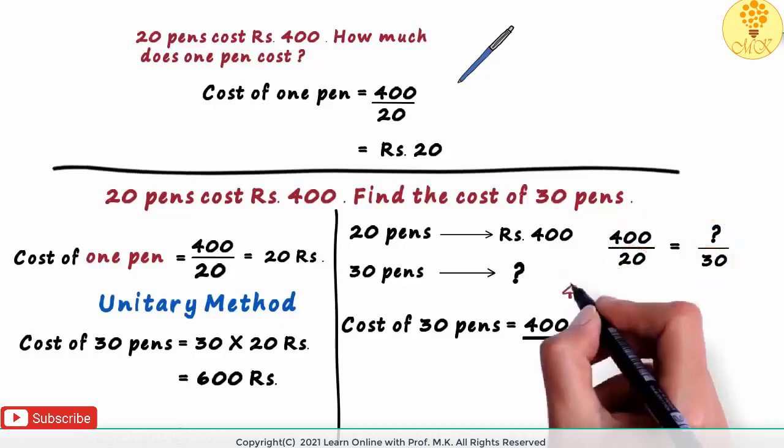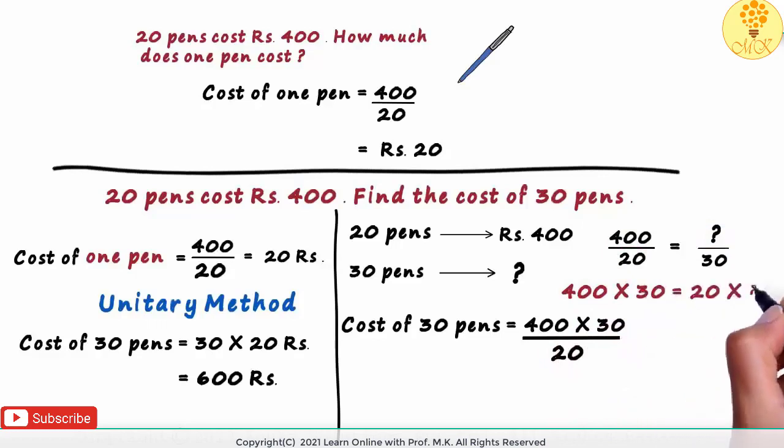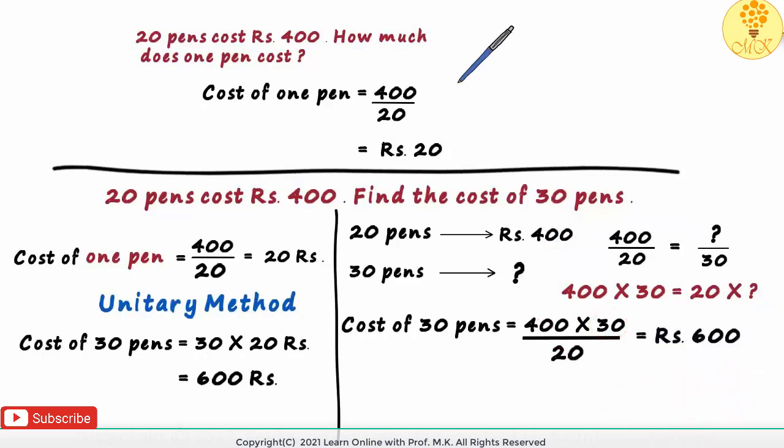So 400 multiplied by 30 should equal 20 multiplied by cost of 30 pens. And then we transpose 20 to the other side to get the cost of 30 pens. Anyway, this was just for your better understanding. So 20 multiplied by 20 is 400 and 20 multiplied by 30 is 600 rupees.